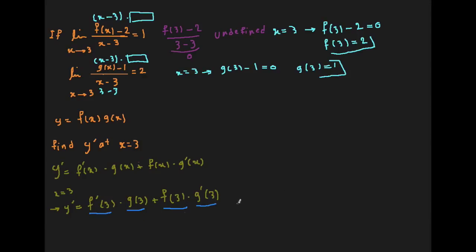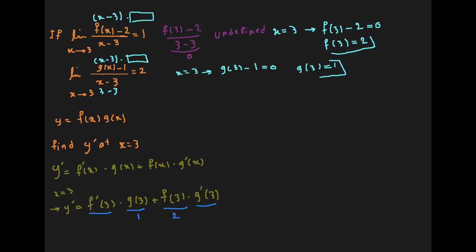So g of 3 is 1 and f of 3 is 2. The only things left for us to find are the derivative of f at point 3 and the derivative of g at point 3.